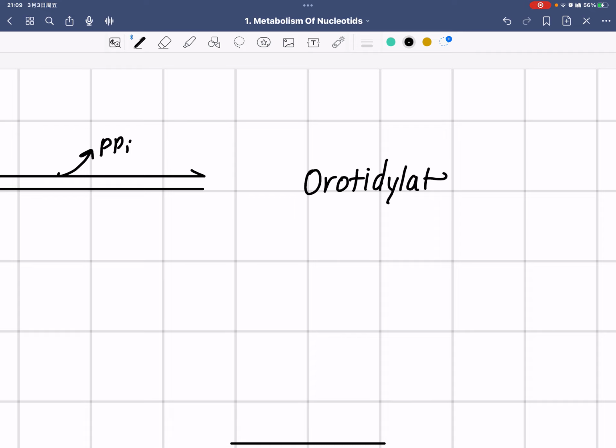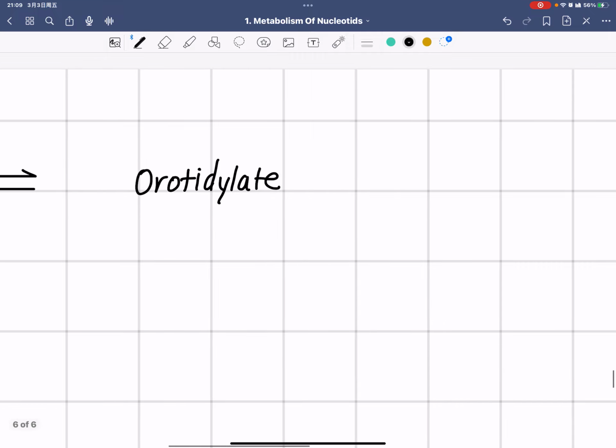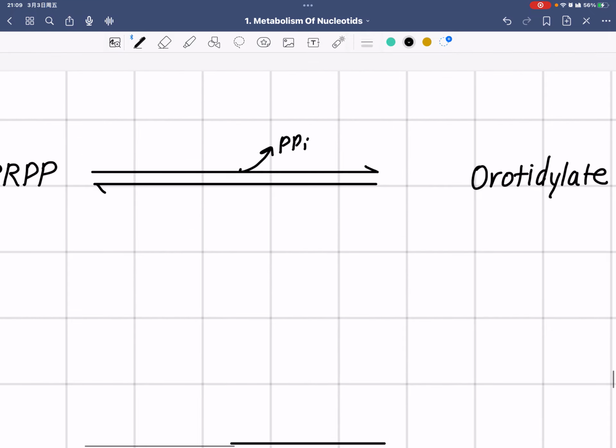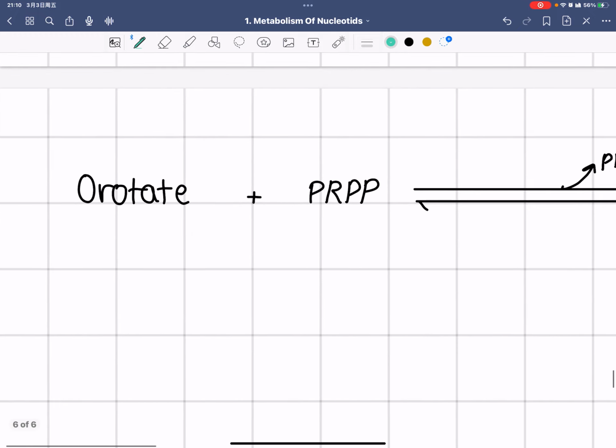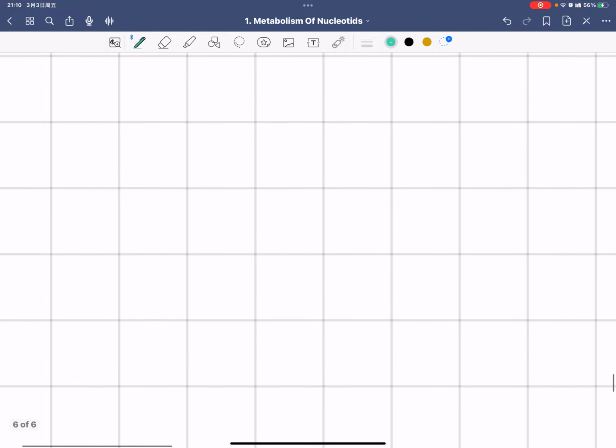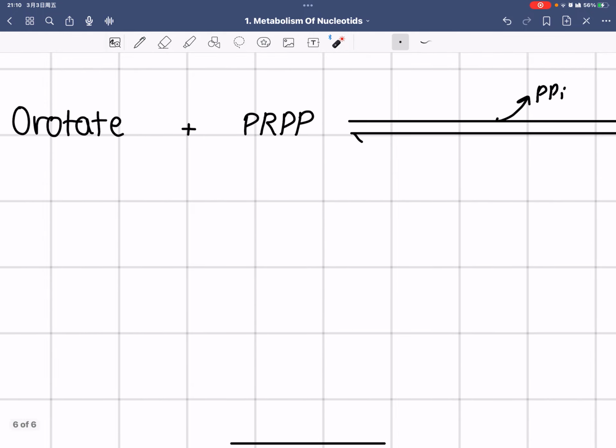So that we have orotidylate. Oh, why is the name so hard to pronounce? And because we're transferring phosphoribosyl, I just said it wrong. We're joining orotate and phosphoribosyl. So that's why I need to get rid of 2 P's. Right.